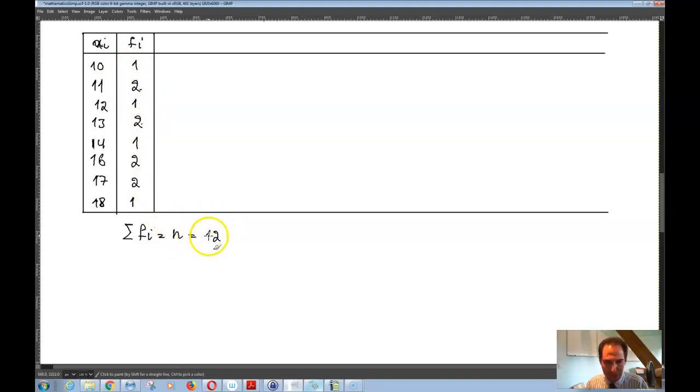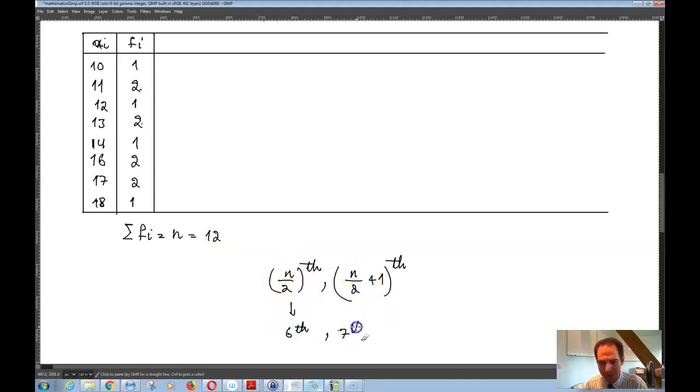Since this is an even number, you will get basically 2 medians. When you have an even number, the median is calculated by the n divided by 2th observation and the n divided by 2 plus 1th observation. So n divided by 2 is 12 divided by 2, which is the 6th observation, and the 7th observation.